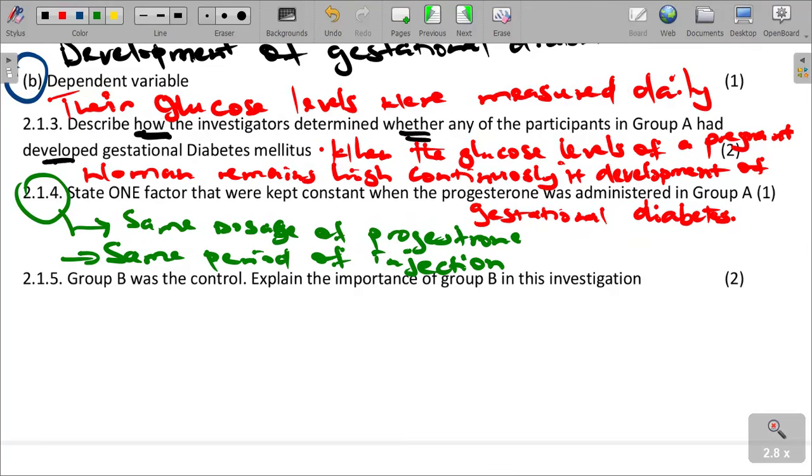And then we can also talk about same frequency of injections, which was weekly.